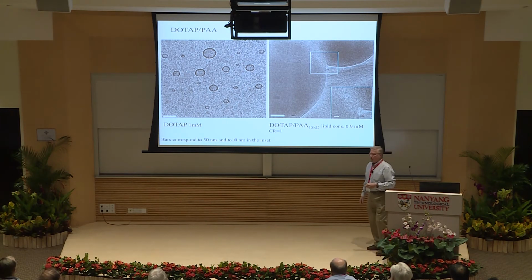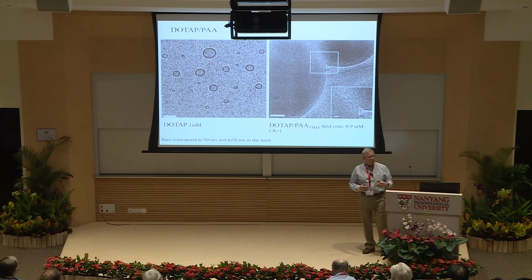So if you take DOTAP, and the same thing goes for the DDAB, you get just simply vesicles. By the way, have a look at the length of the bars. And at a charge ratio of 1 between the two, we get the same kind of lamellar structure that we got before.